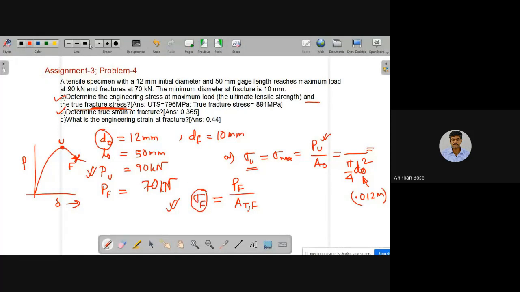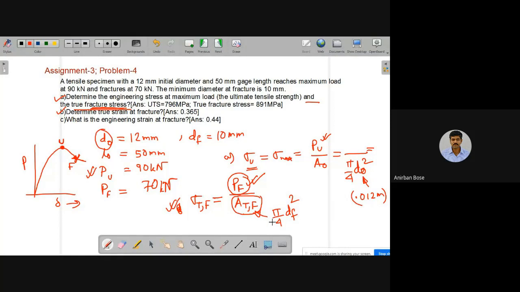So you just write sigma true corresponding to fracture point, and that is equal to the load corresponding to fracture point divided by the actual area. So how can you find out the actual area? That actual area you can find out based on the final diameter, pi by 4 df square.